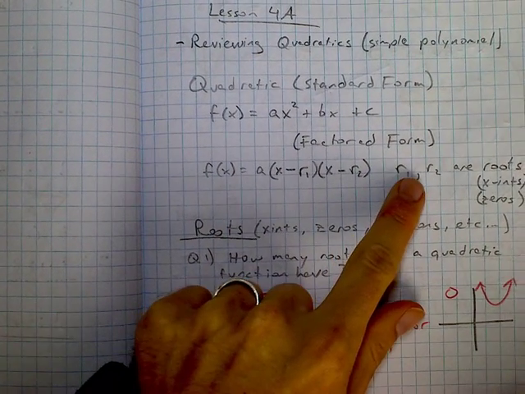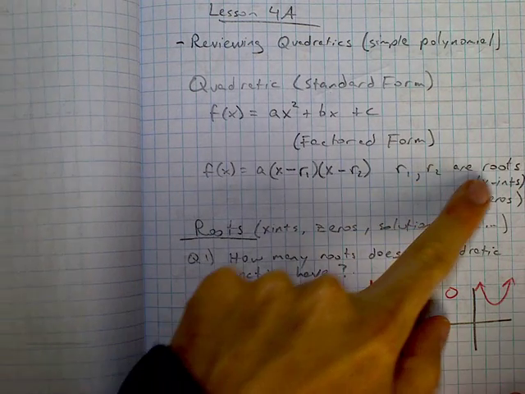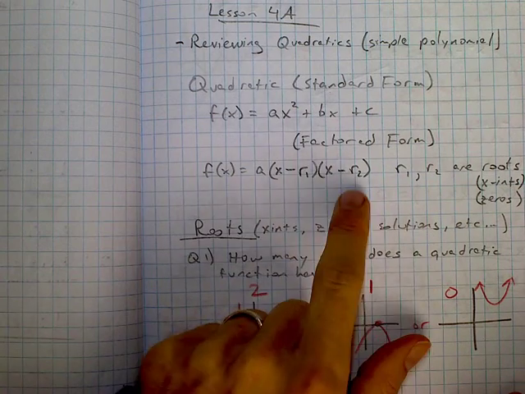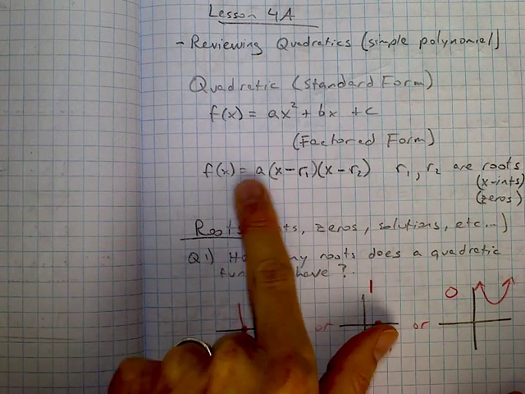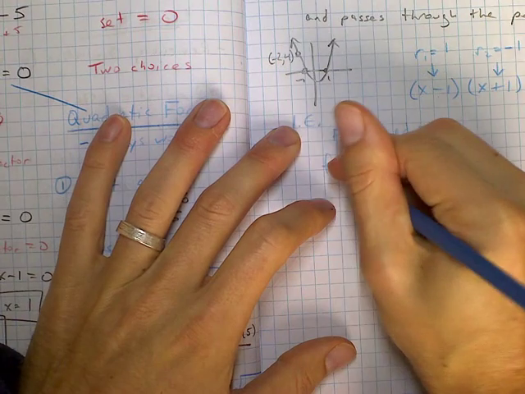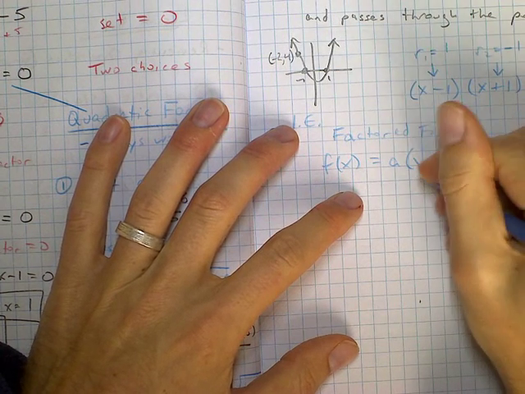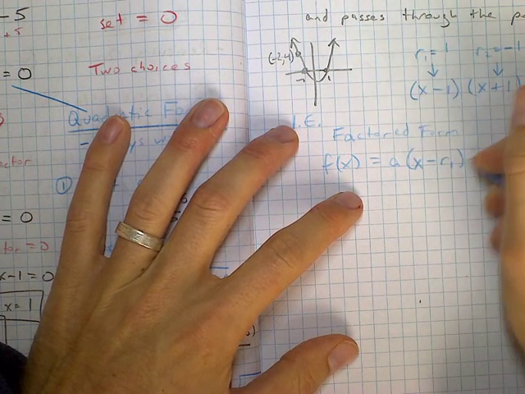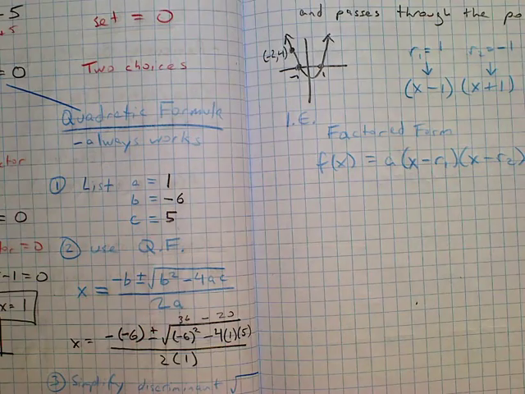If I have the roots R1 and R2, or whatever I want to call them, I just picked R because that's the letter that root starts with, we can write out our equation like this: our function is a times x minus the first root times x minus the second root. Okay?